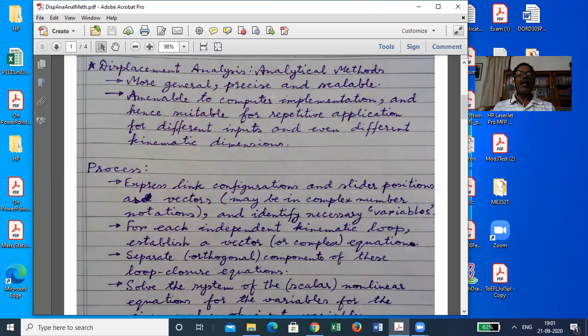So this makes it suitable for repetitive application for different inputs and indeed even different kinematic data. Once you have written a program for the displacement analysis of 4R mechanisms, if it is well written, then for all 4R mechanisms of whatever dimensions, L1, L2, L3, L4, you keep on changing and you can get the analysis done in a matter of seconds.